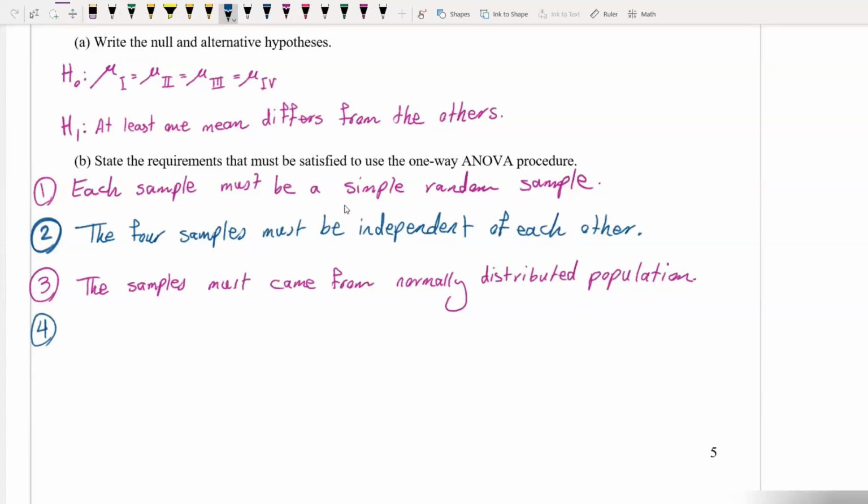And finally, we should have equal variances, so populations must have equal variances.